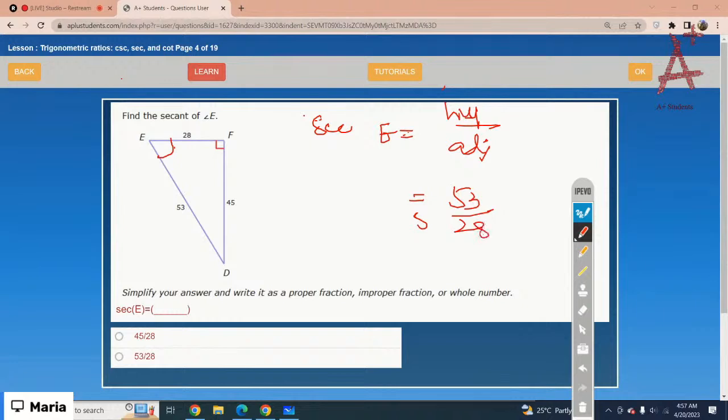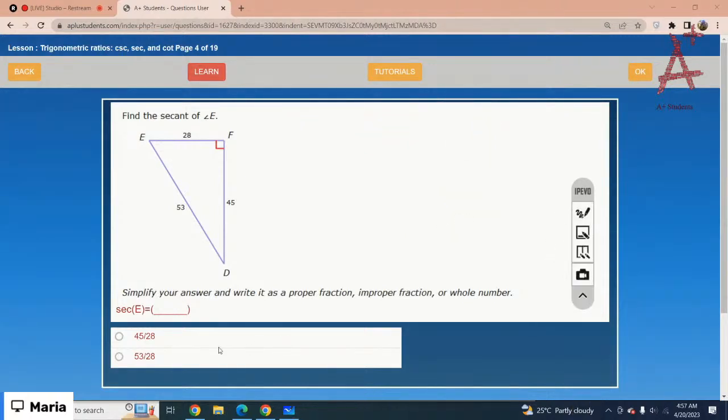So it would be 53 over 28. Got it? So the correct option is 53 over 28.